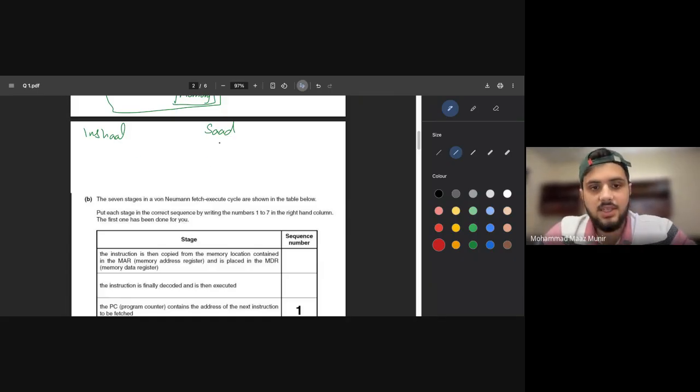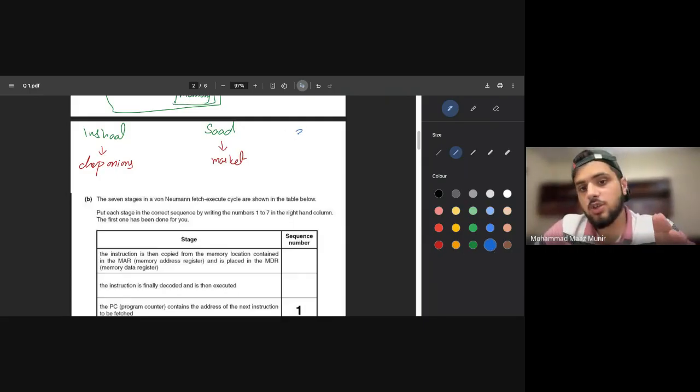Now what happens is Saad goes to the market to get stuff. And Inshal, because she's good in cooking, she's like, okay, let me chop onions and मैं बनाती हूँ biryani. Say, now I want both of you to work simultaneously to ensure that the biryani is done within 30 minutes.